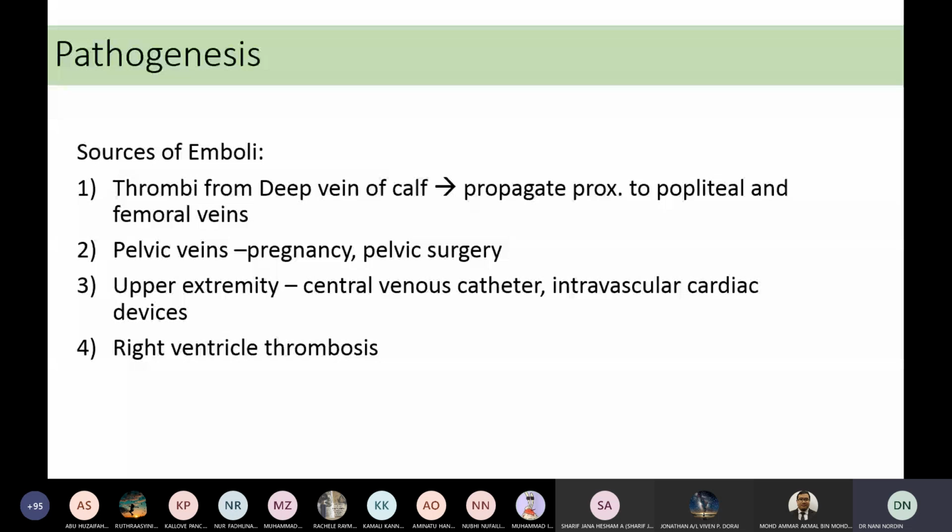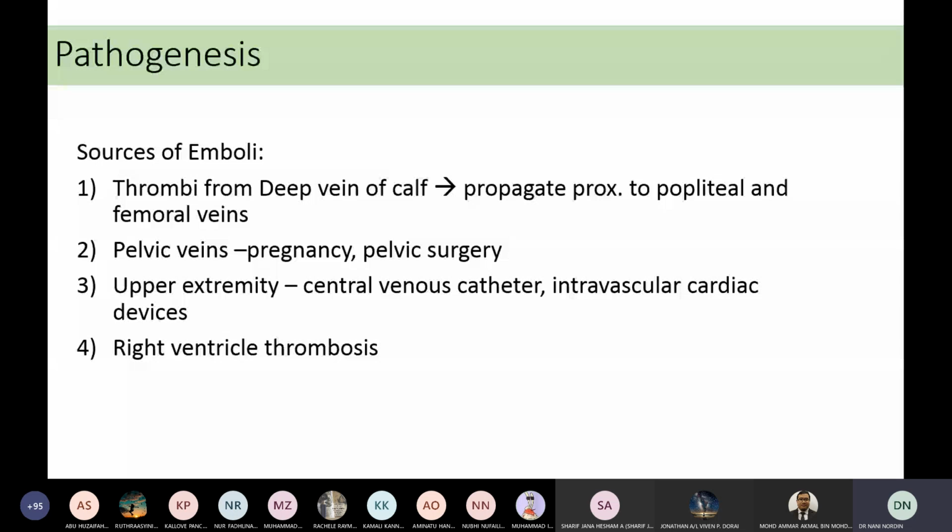In pregnancy, it can travel through pelvic veins. A pregnant lady is at high risk because they are in a hypercoagulable state, especially a pregnant lady who undergoes surgery. They're at a higher risk.